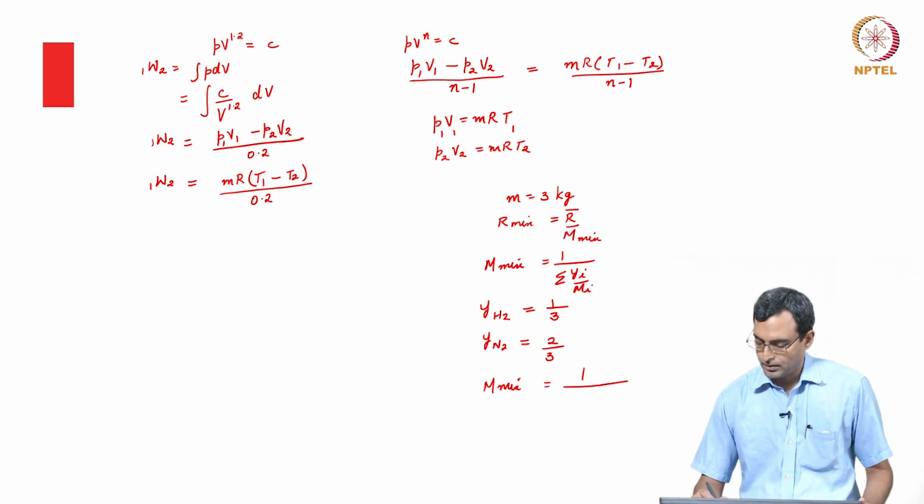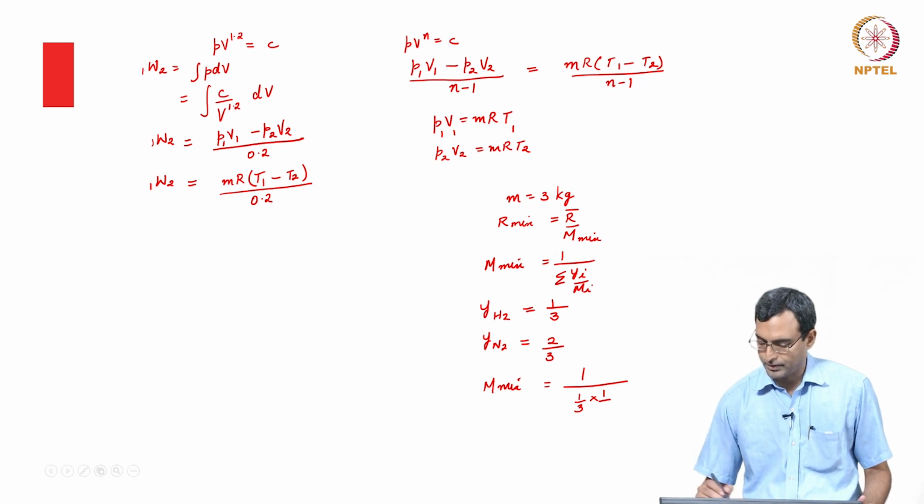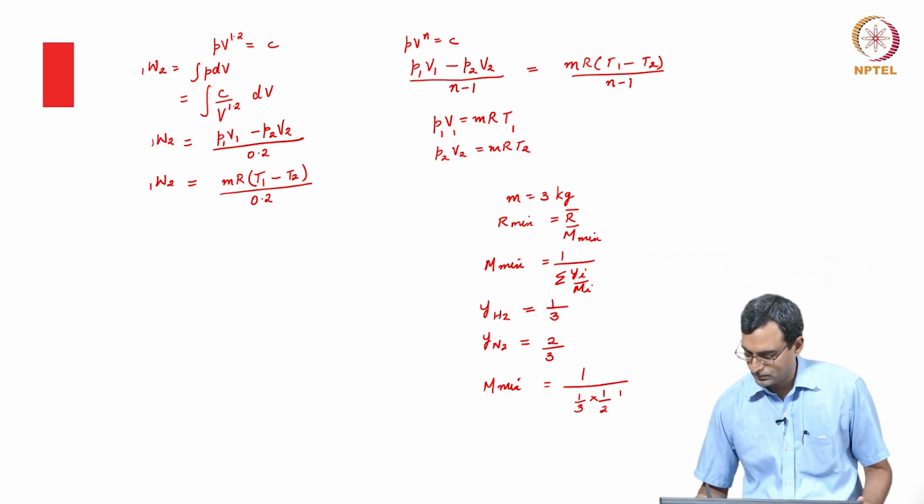So, I have this, which is 1 by 3, and molecular weight of hydrogen is 2, plus I have this, which is 2 by 3, into molecular weight of nitrogen, which is 28.